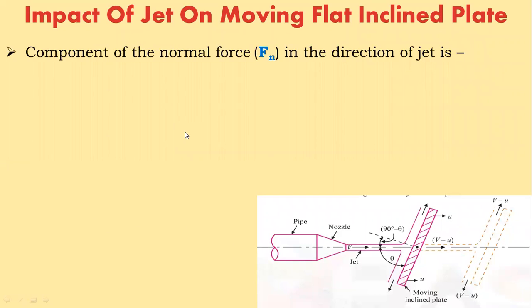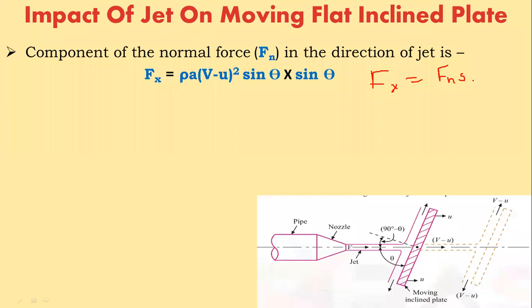Next, after we have found out the normal force, we will find out the components of this normal force in the x direction as well as the y direction. Now, Fx is nothing but Fn sine theta.